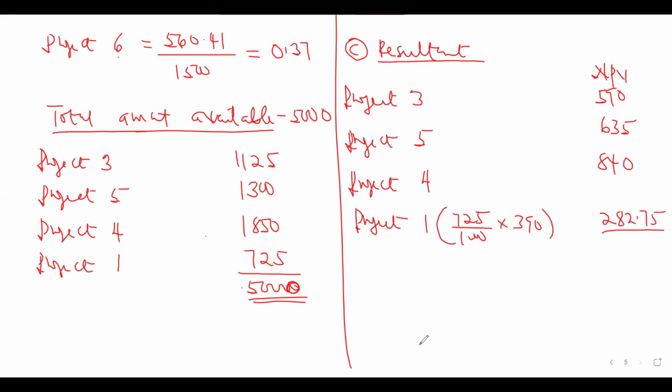Project 1, is it 775 or 725? The amount that we are using. Let's check that again. 1125 plus 1,300 plus 1,800 minus 5,000 is 775.